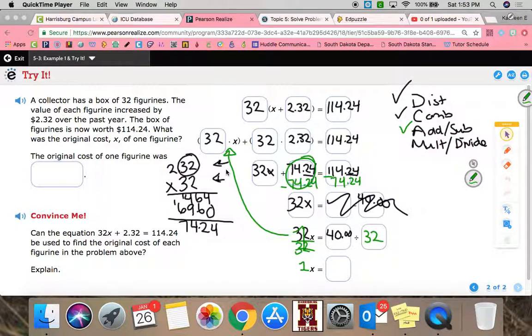How many 32s go into 40? We would say 1, and it's 32, and then we would get 8, 0. Bring down the 0. We have to put our decimal up there because now we're past the decimal. How many 32s in 80? Maybe 2, and it's 64. 80 minus 64 is 16.